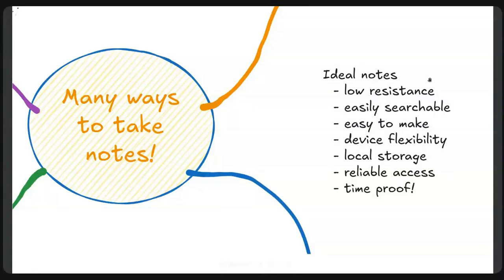So while low resistance refers to the amount of pre-work you need to do to actually start making notes, ease of making notes refers to the level of difficulty of the actual task of making notes. So maybe the task has high resistance in the sense of gathering the material that is required for you to actually start making notes, but the process of making notes might be really easy for you.